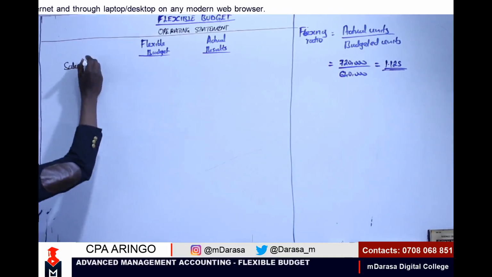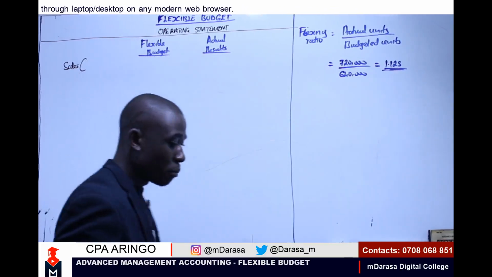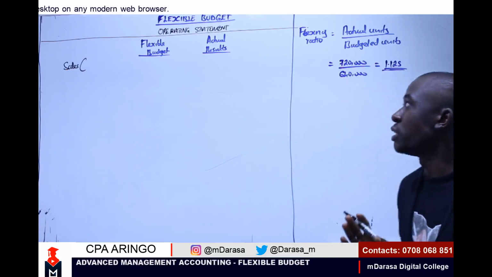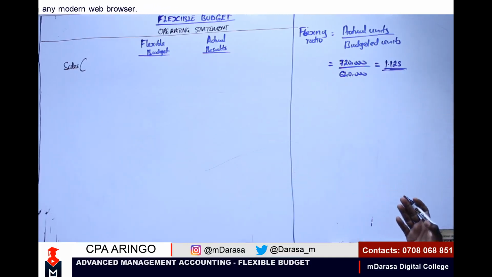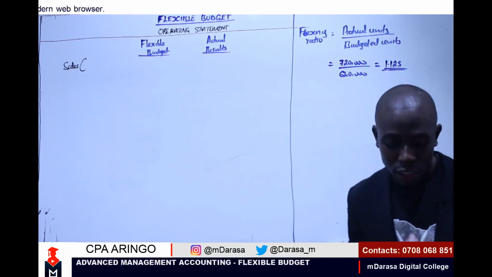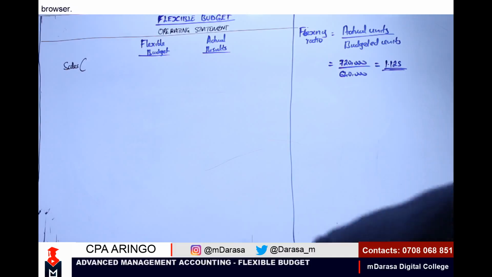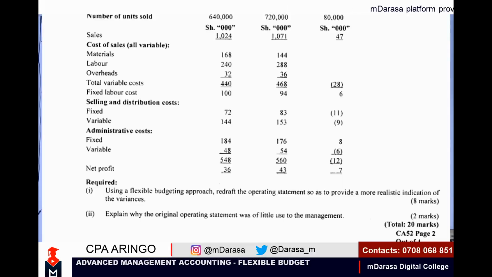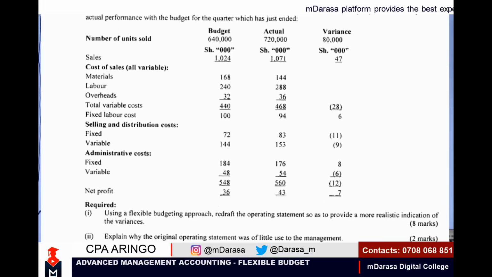How much did you have for sales? Remember, what are you adjusting? In this case, we will be adjusting the budgeted data. If we look at our question here, the sales figure I was given for budget was 1,024,000.